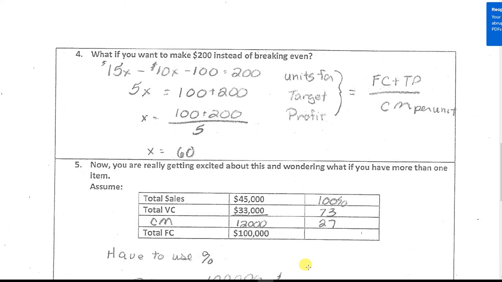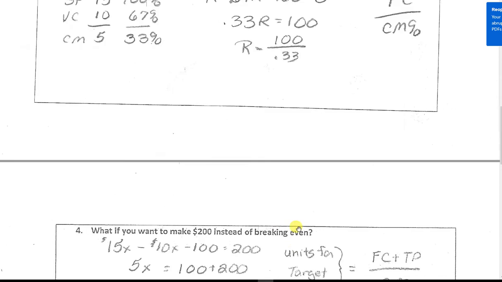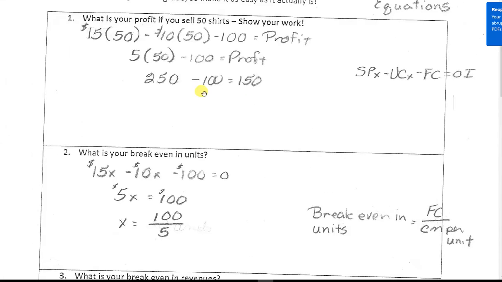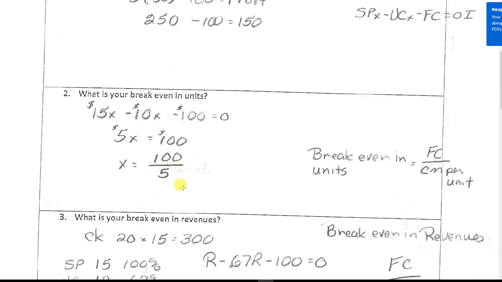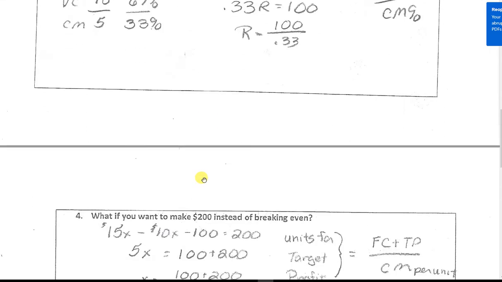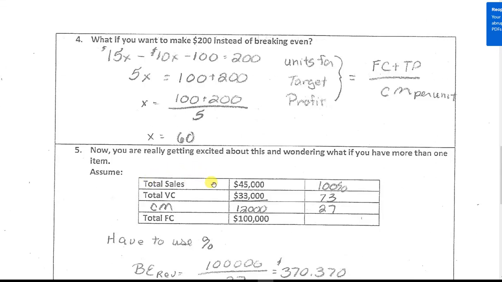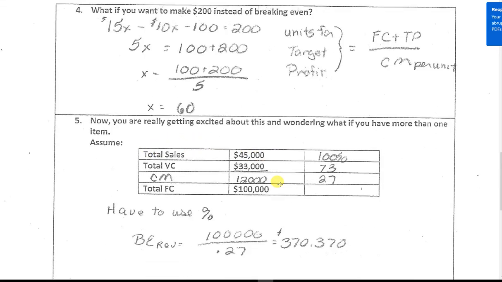Okay. So now we're going into what happens if I have a business that sells pants and shirts and shoes, etc. So I can't say, oh, I need 20 units here, because socks have a different contribution margin than shirts, etc. Well, if you do that, what you do is you just get the overall information for the company.